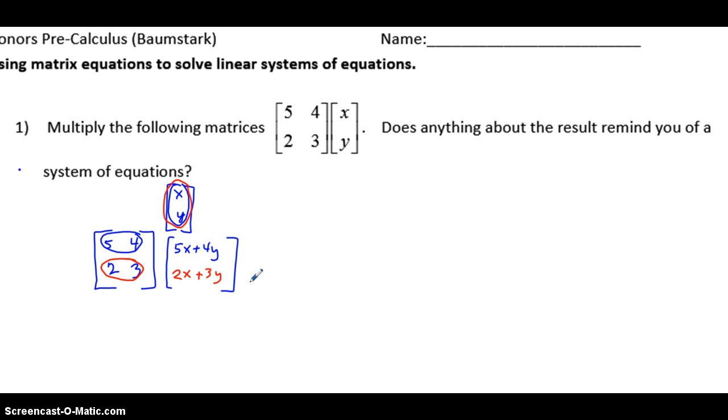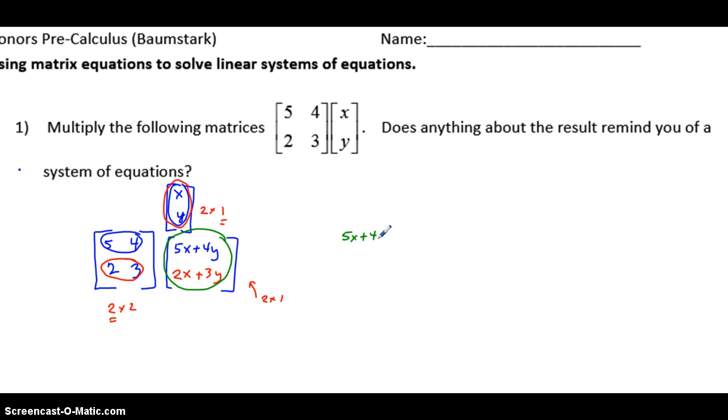Notice here we have a 2 by 1 matrix, which is expected because we started off here with a 2 by 2 and here with a 2 by 1. So we knew that we were going to end up with a 2 by 1 matrix. I'm asking here, does anything about the result of this matrix product remind you of a system of equations? If we stare at this long enough, it certainly looks like it would be the start of a system of equations.